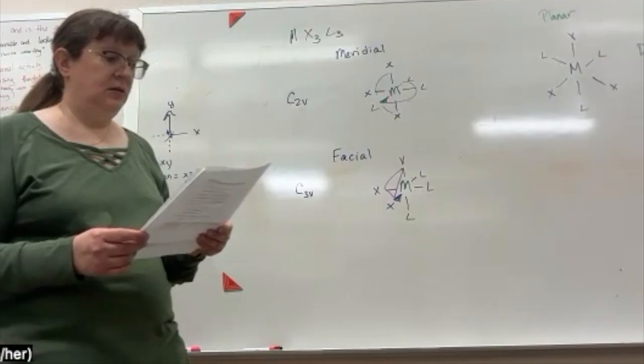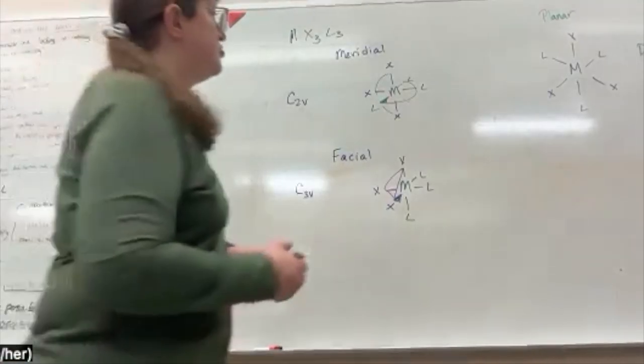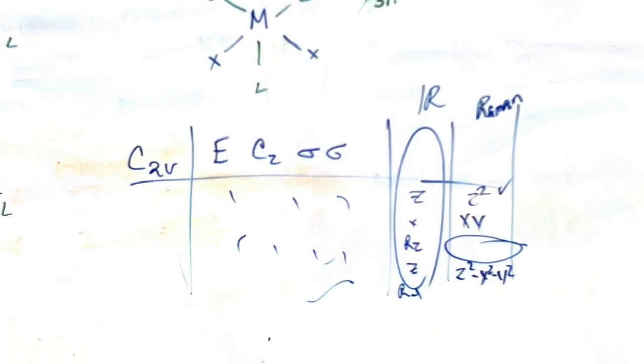You explained this again really quickly, how you know which one's the IR or Raman active one. So on your character table, you've got all of your characters in here. This column is the linear column, and in there you're gonna see your Z and your X and your Y and your RZ and so forth. Okay, so this is where you look for IR. This one is where you look for Raman.